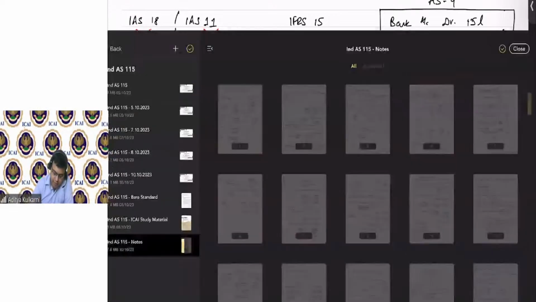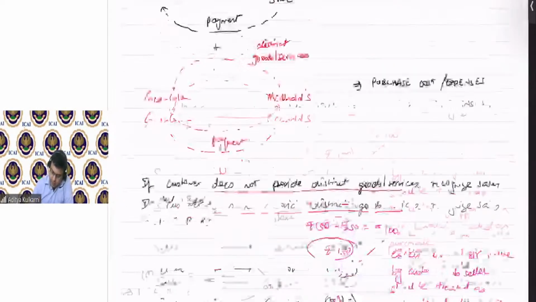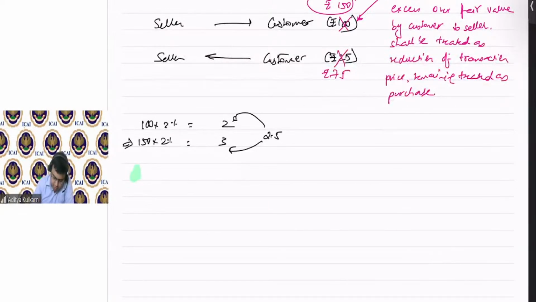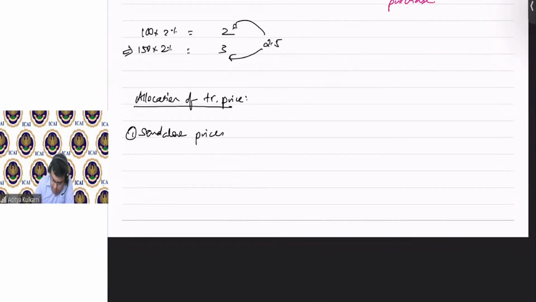So if I have to look at allocation of transaction price, first preference: standalone prices of goods or services provided by the entity.